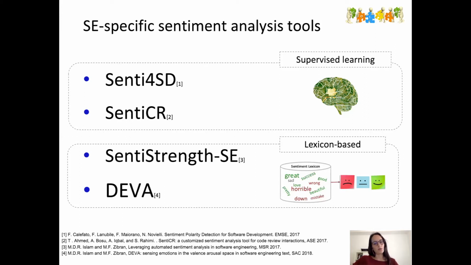So they cannot be retrained, and we use them unless you manually intervene on the rules they implement and fine-tune the lexicon they use. And so we are including them for reference in our study.